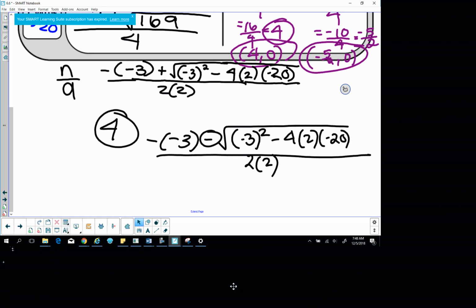Does anyone need help? Because this is the most important thing to know how to do. This is the most important part of today, learning how to do this on the calculator.